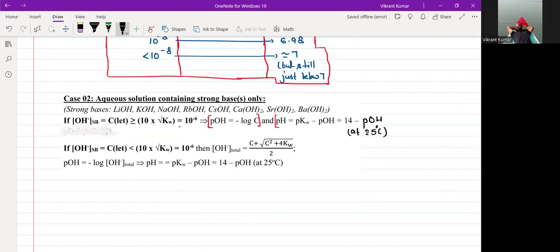Similarly, if it is coming less than 10⁻⁶, then we need to solve the quadratic. Last time, like I told you, just replace H plus by OH minus and OH minus by H plus.